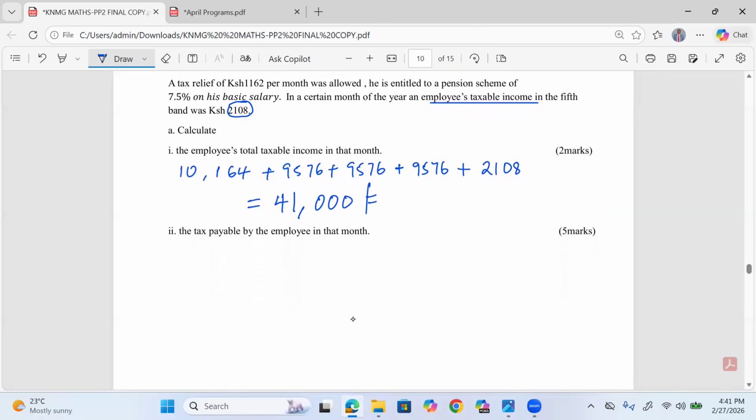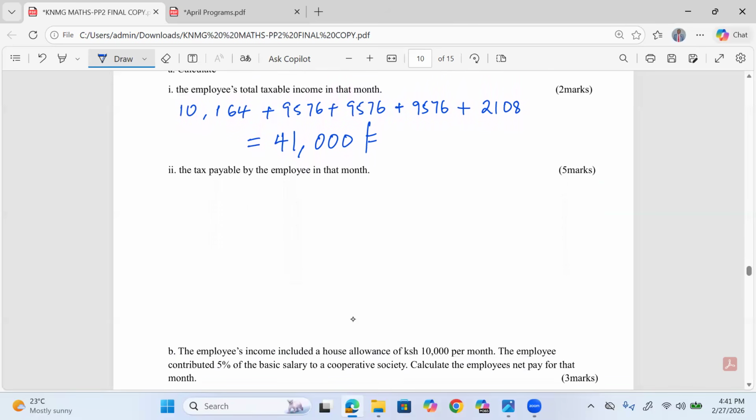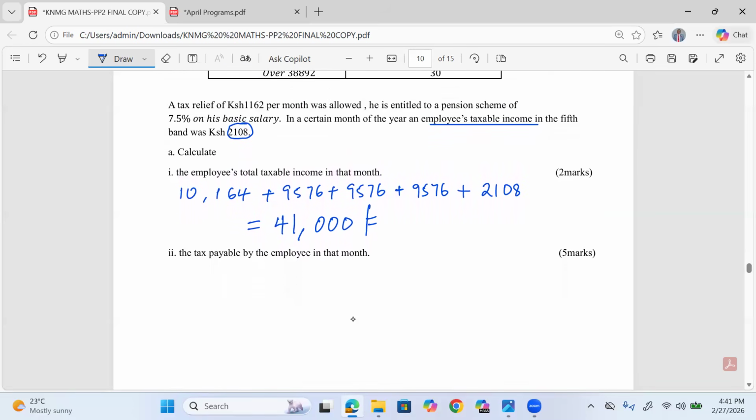Then we proceed. Remember, that was the taxable income in the fifth band. It was not the tax. It is the taxable income that lies in the last bracket. Then what are we being told to do now? We calculate the tax payable by this particular employee in this particular month.